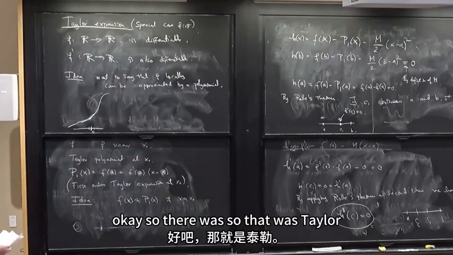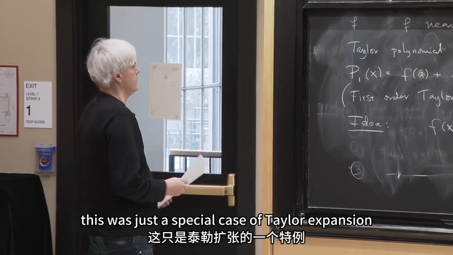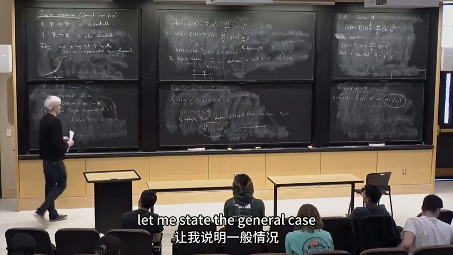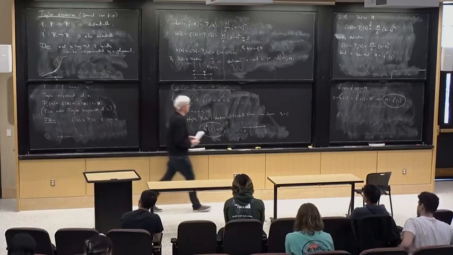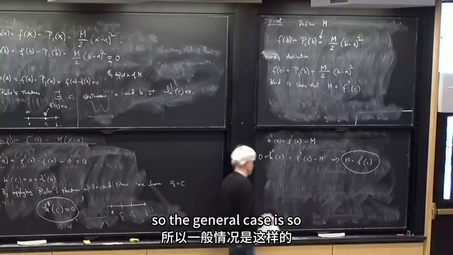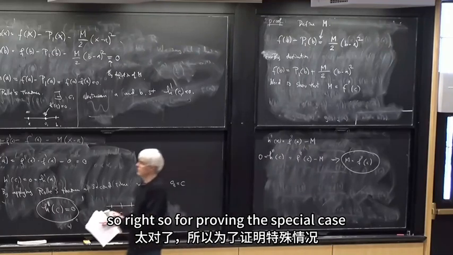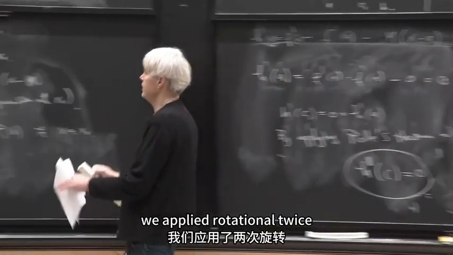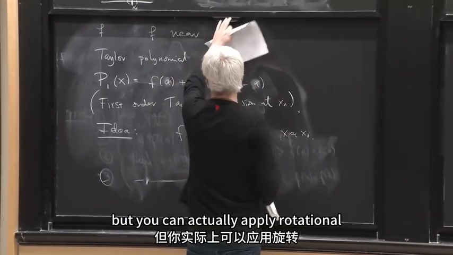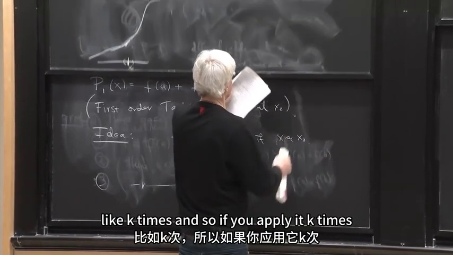okay. So that was Taylor. This was just a special case of Taylor expansion. Let me state the general case. So the general case is, in proving the special case, we applied Euler's theorem twice. But you can actually apply Euler's theorem k times.